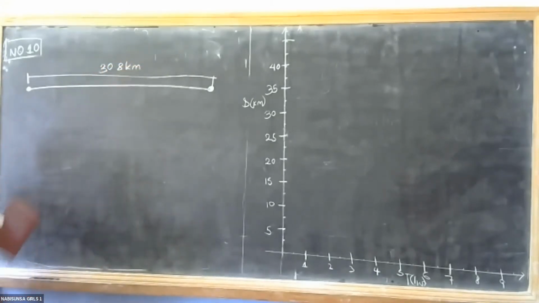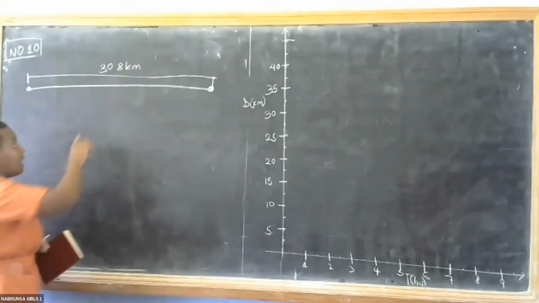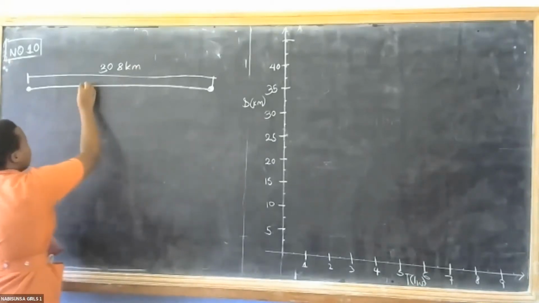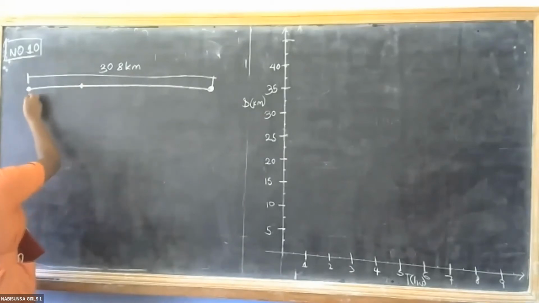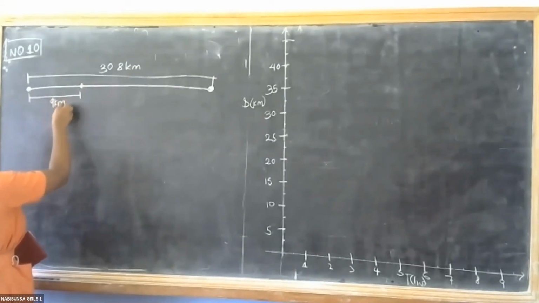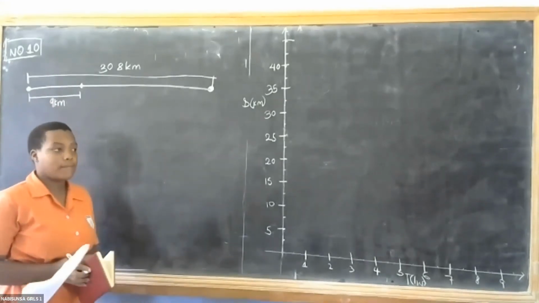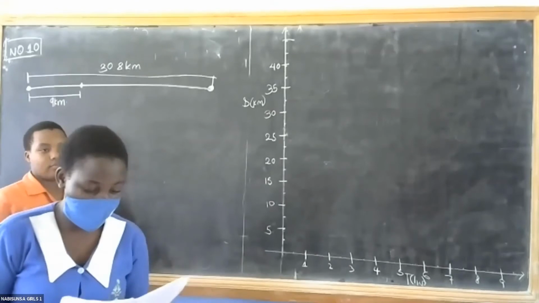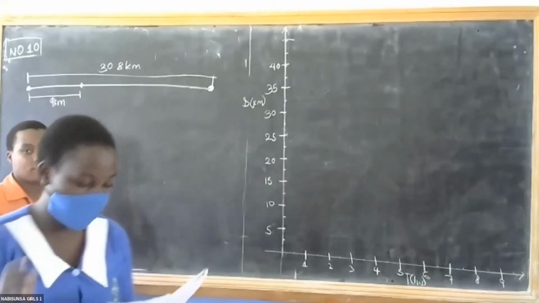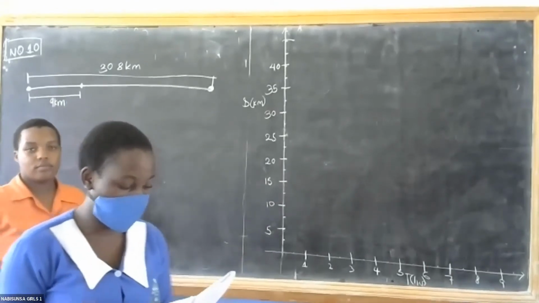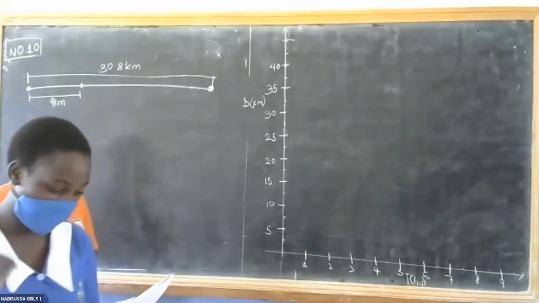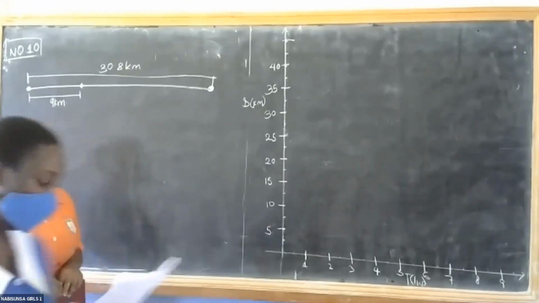And then Otim first moves a distance of 9 kilometers. So come and put Otim here. This is 9 kilometers. When Otim had covered 9 kilometers, traveling steadily at 4 kilometers per hour, Mukasa started riding at a steady speed of 7 kilometers per hour from where Otim had started.